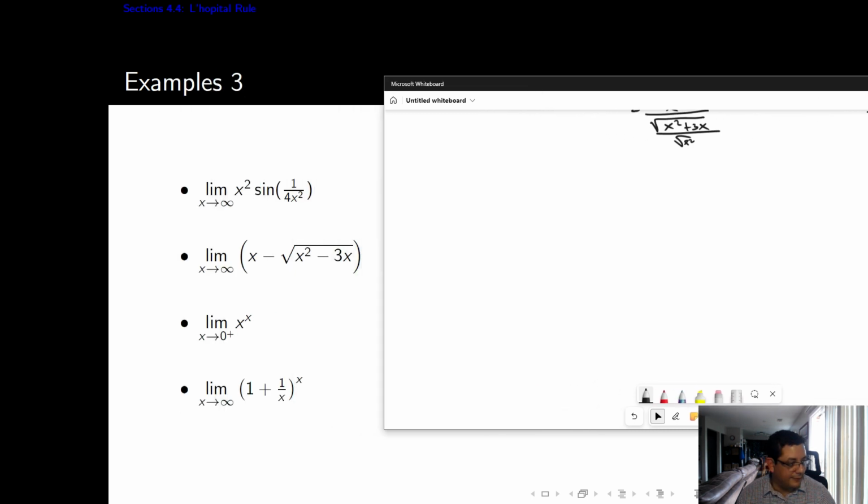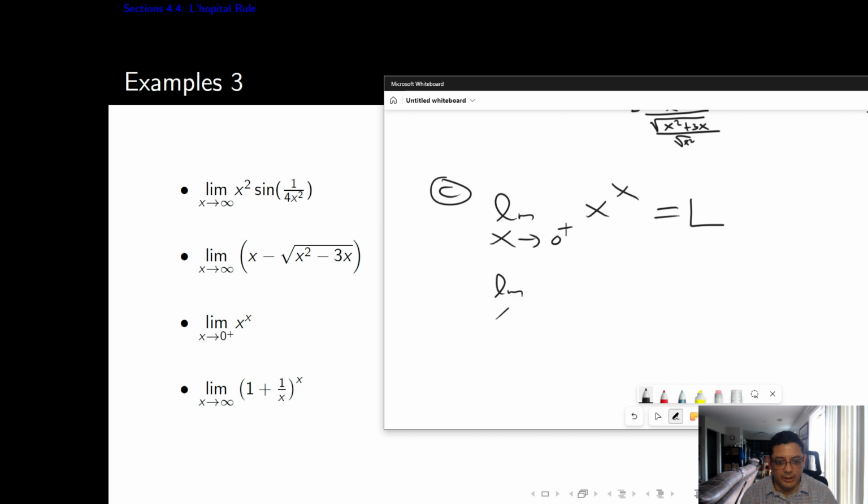Now we have the limit when x goes to 0 from the right of x to the power x. And so this is one of those limits that I'm going to have to call L, whatever this is. And then I'm going to apply log on both sides.